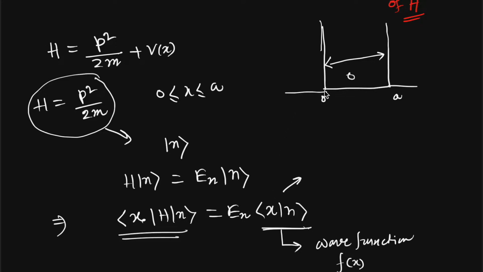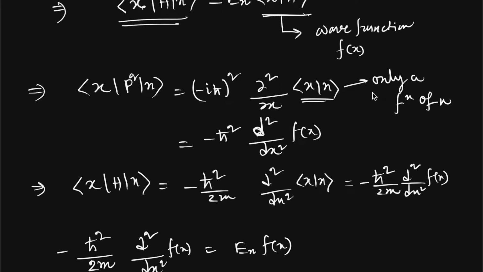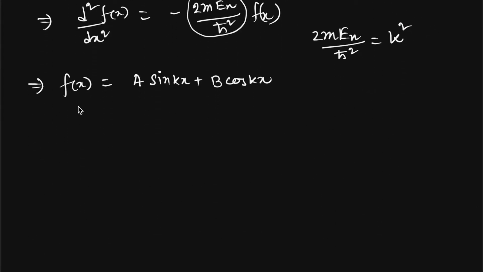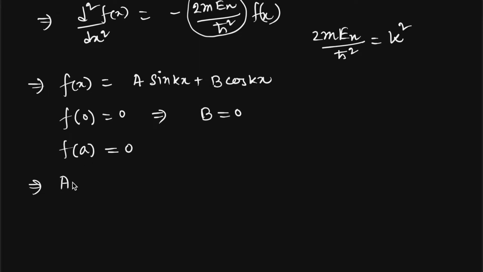So the probability of finding the particle outside this region will be 0. That means the wave function should also be 0 at x equal to 0 and x equal to a. So these two boundary conditions should be satisfied by this function. That means f(0) should be 0, which gives B equal to 0, and f(a) should be 0. That means A sin ka is equal to 0, which actually means ka should be nπ.